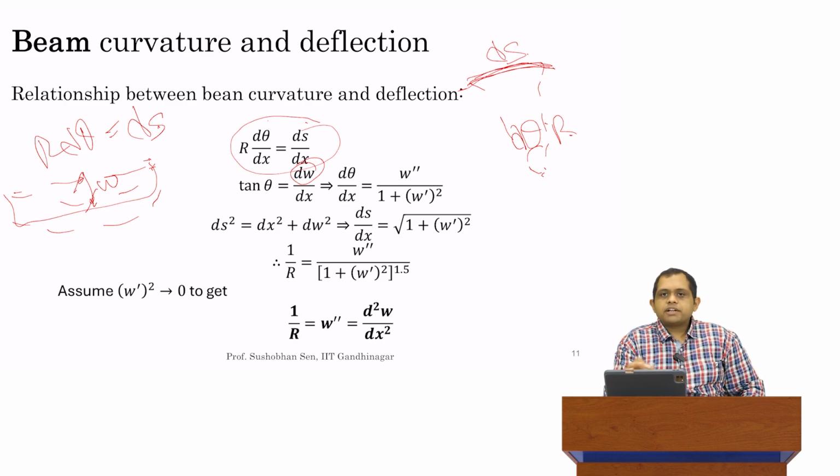And now what I can do is take the derivative on both sides. What I will get is d theta over dx, which is one of the terms we have in our original equation. So I'm just going to call this equation 1. So in equation 1, d theta over dx, we're trying to find some kind of an expression for this in terms of w. So we have one kinematic constraint, which is tangent of theta is equal to dw over dx.